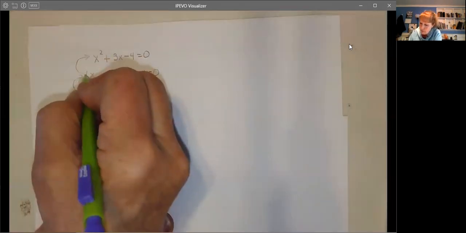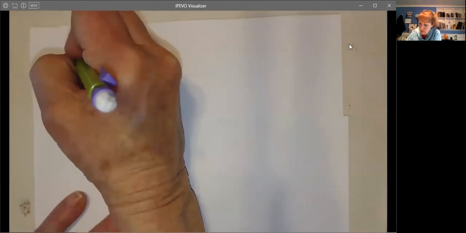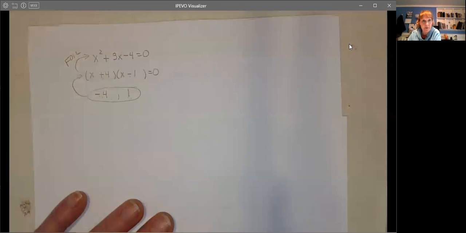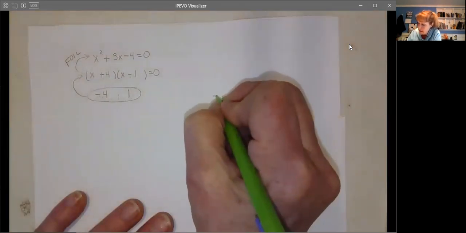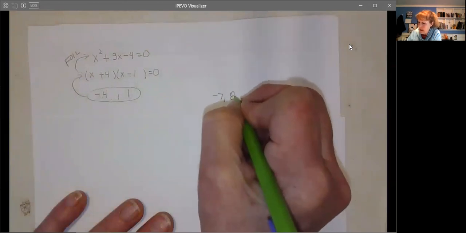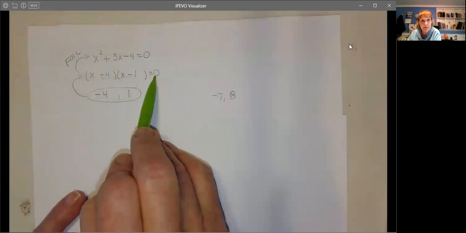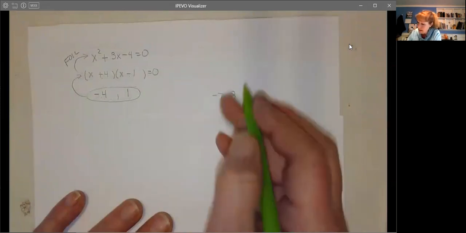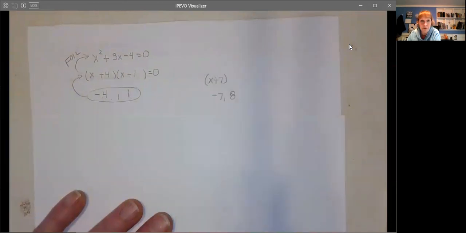Now, how do you go from here to here? Well, in this case, you would use the FOIL method and multiply it out. So if I had, let's say, -7 and a +8 as my solutions, let's at least get to this step. Well, if it's a -7, that means I had to have a +7 in my factoring.